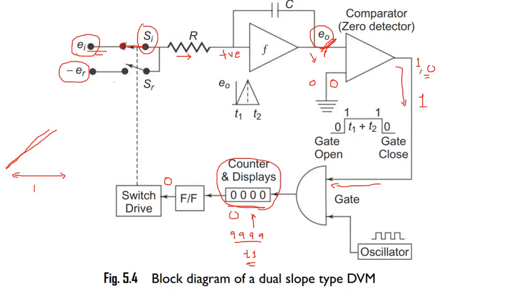So your gate is active, because the zero detector is giving 1 here, and the other input is your clock pulses. This is going to increment your count by 1.